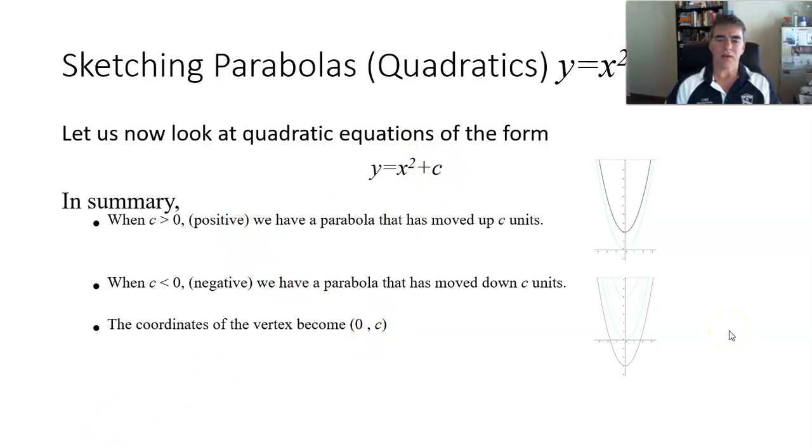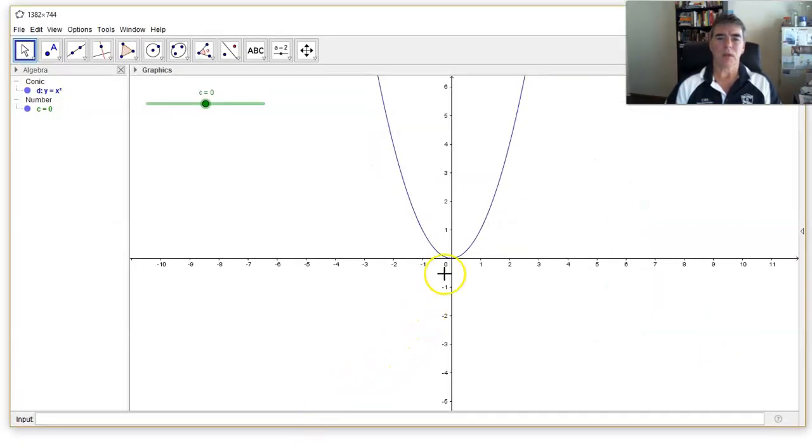So what we can now do is just have a look using our GeoGebra program. So I've got one here, y equals x squared. There's our basic parabola. And we're just going to have a look at what happens when the value that we're adding or subtracting changes.